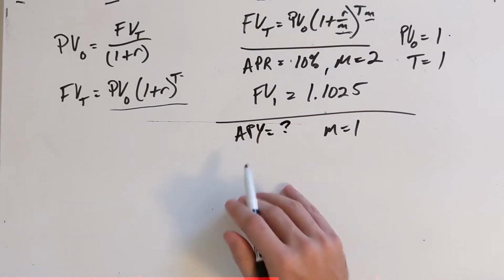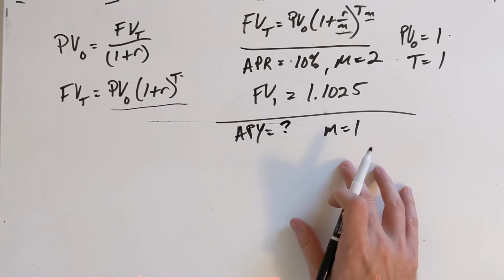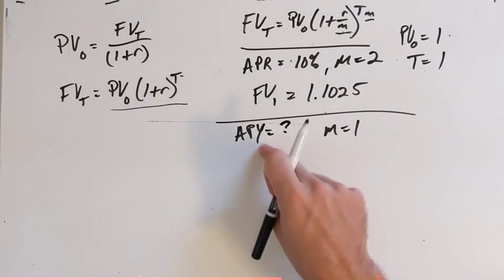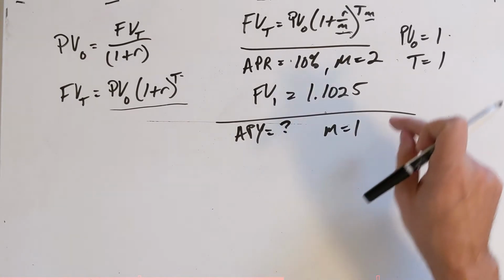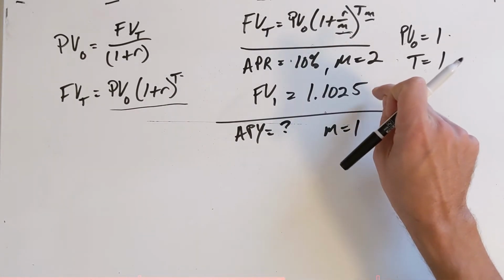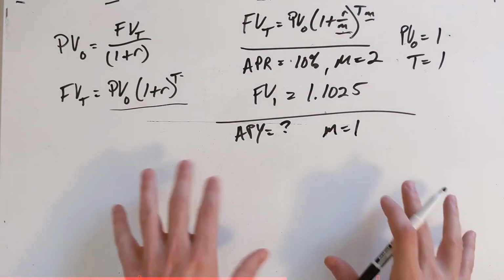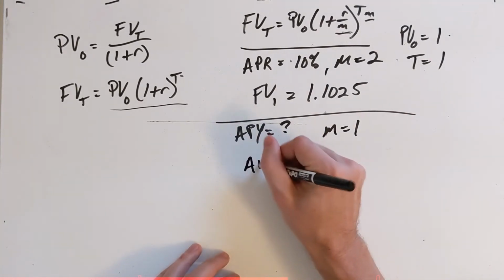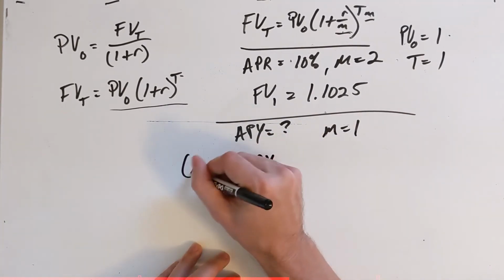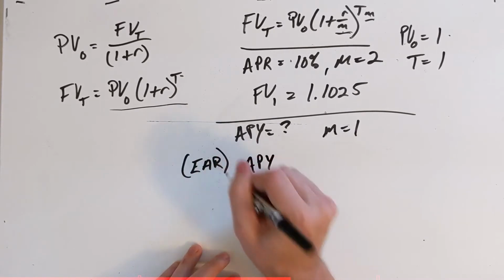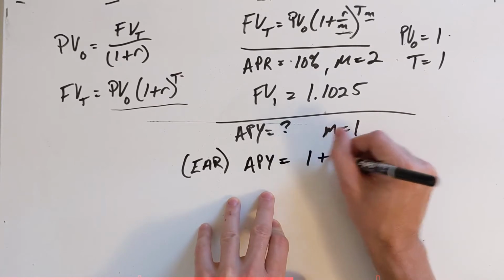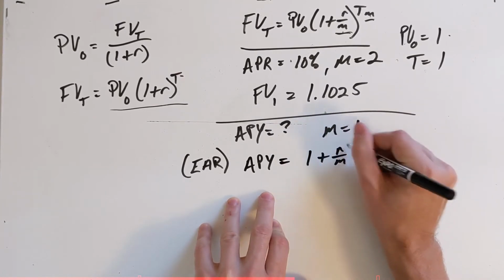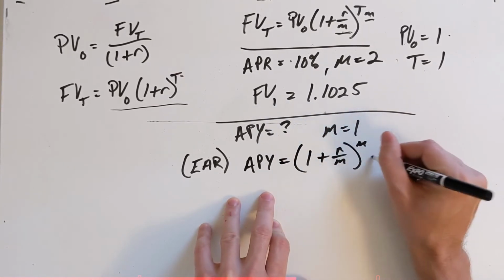So I'm trying to figure out what rate of return compounded once a year would give me the same future value. So this is where we can use, and this is also what I'm calling the effective annual rate here, which is equal to (1 + R/M)^M − 1.